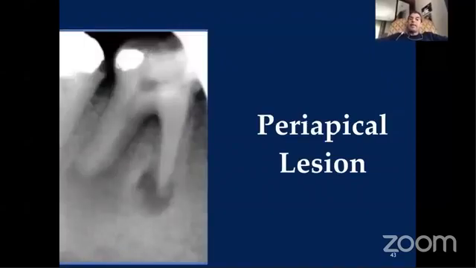We can see the patient, sometimes if it is in acute phase, he comes with severe pain or swelling or abscess, or sometimes in case of a chronic condition, we just see periapical lesion in the x-rays. And now we understand we have a number of microbes which cause this periapical lesion.